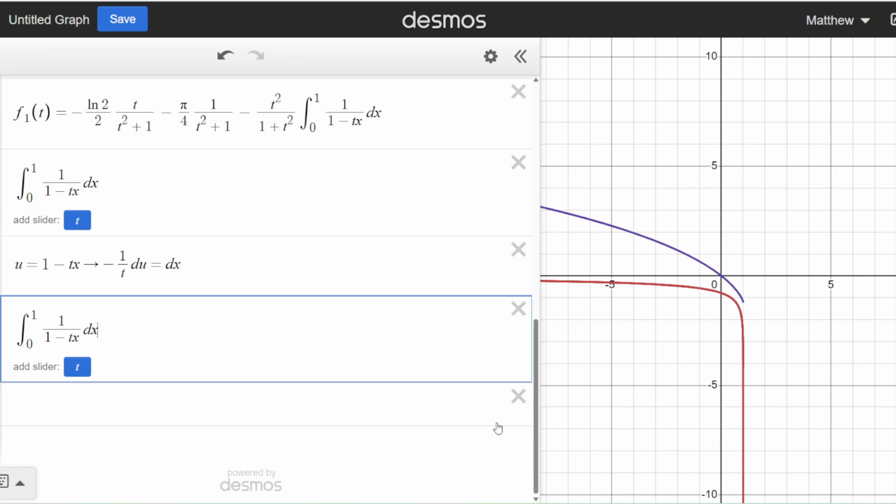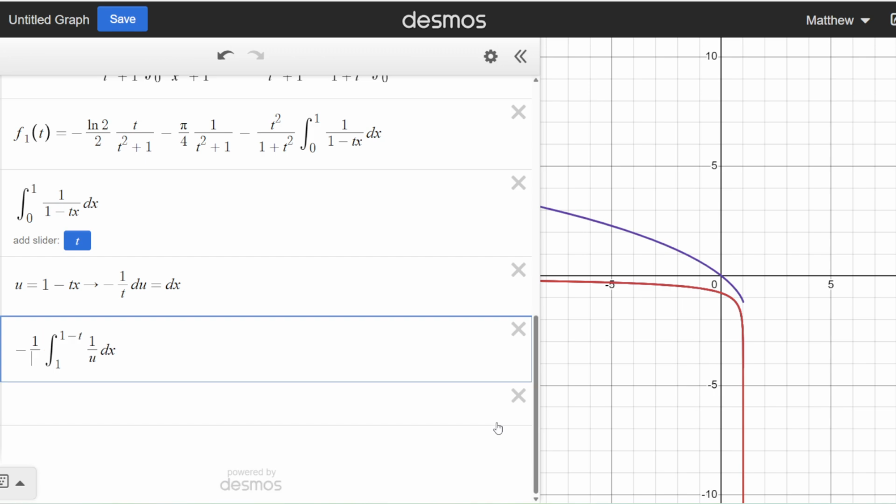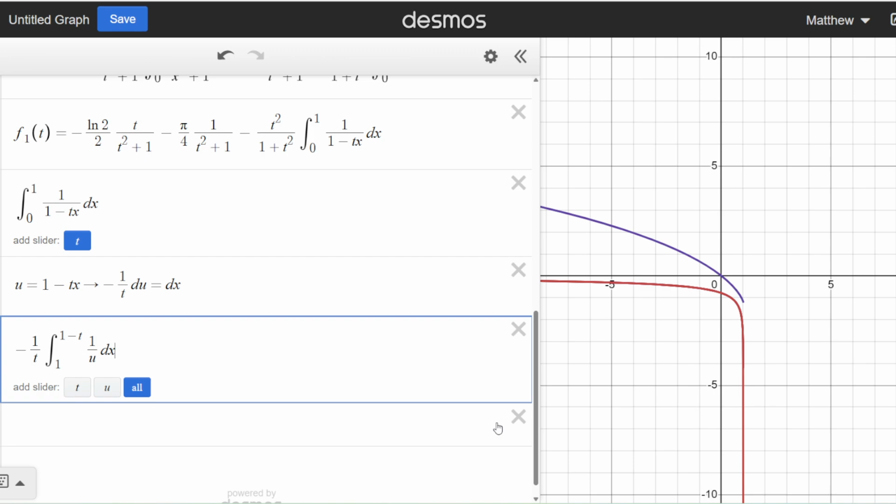If u is 1 minus t times x, that's 1 minus t. Let me make sure I did that right. If u is 1 minus tx, we plug in 1 for x, so we get 1 minus t. Okay, so then if we plugged in 0, we'd get 1. So yeah, that's right. And this is just u. And our dx is negative 1 over t du.